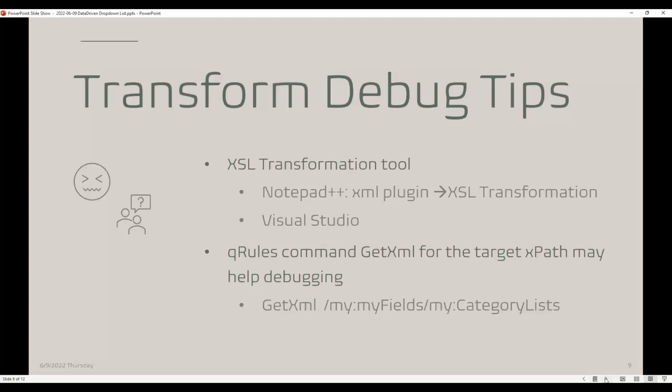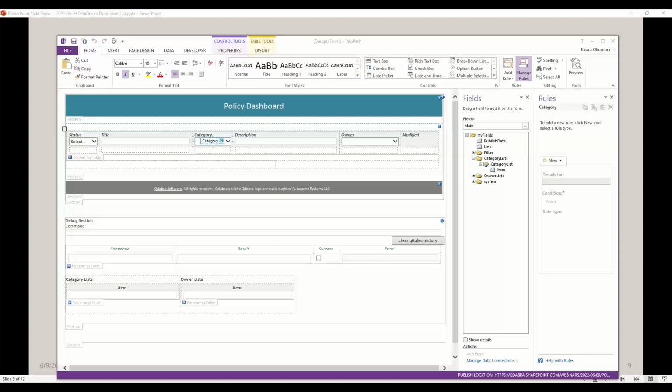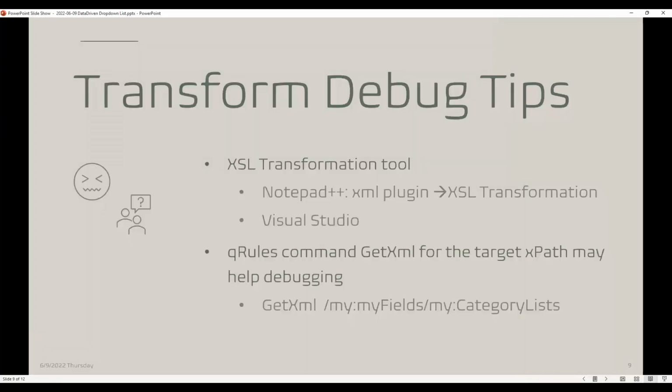So this provides us a tool where we can specify the source XML. In this case, I take the XML of the source, which means this policy here, using the get XML curl command and save it. And using that XML file and Xslt file, these kinds of tools can generate the result.